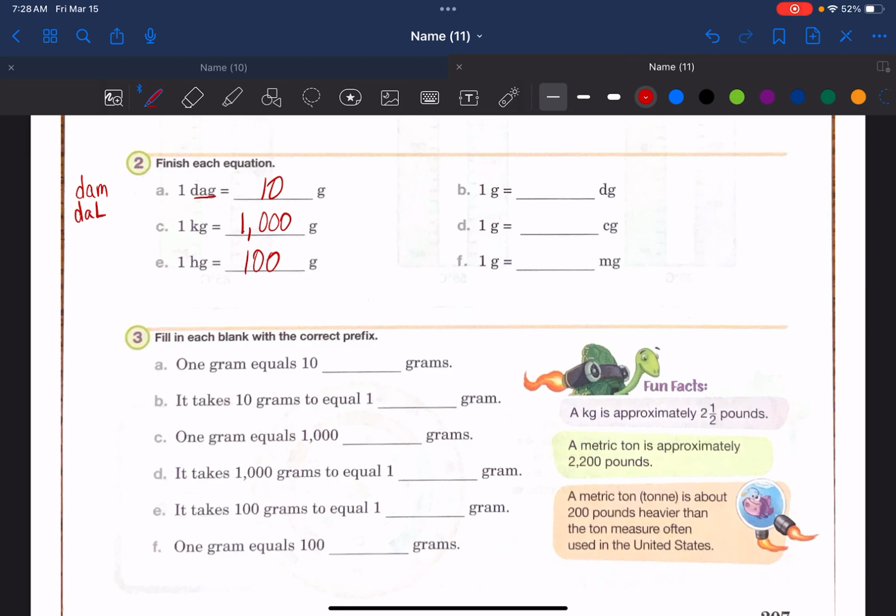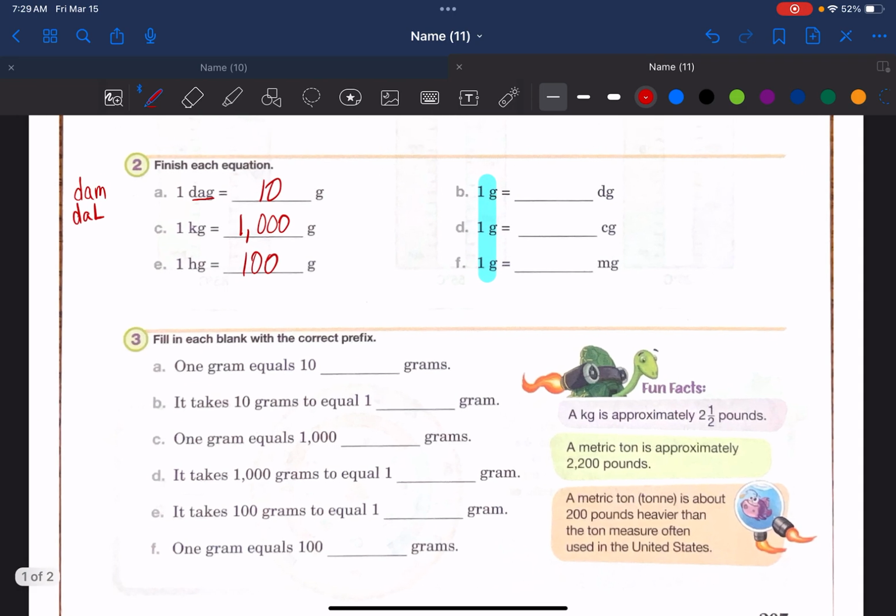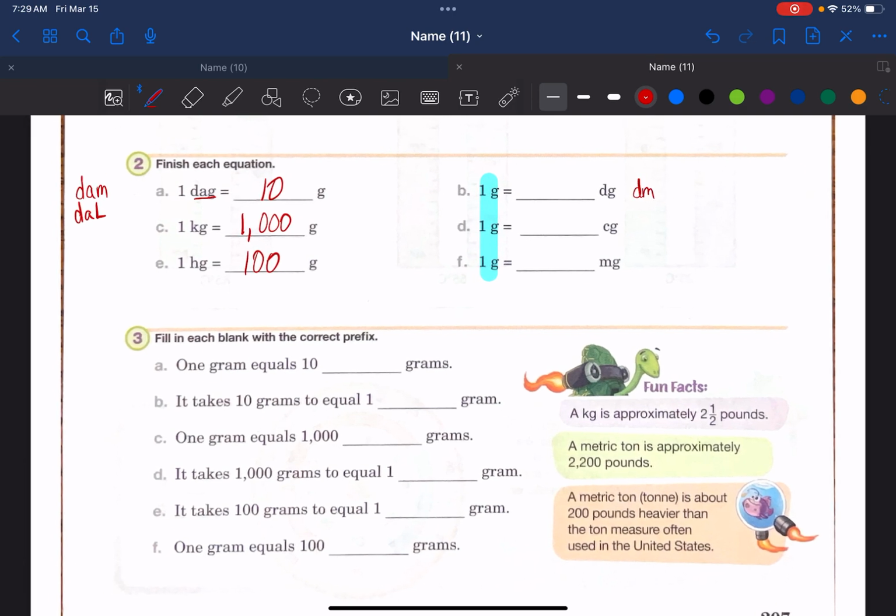Okay, now on this side, all of them say 1 gram. So that's where we're stopping, what it takes of the other ones to get up to 1 gram. So if I have 1 gram, how many decigrams does that make? This is like what this would have been, a decimeter, a centimeter, and a millimeter when we were doing the meters.